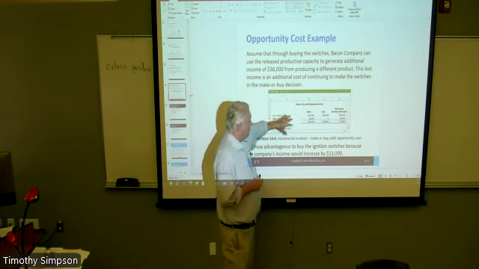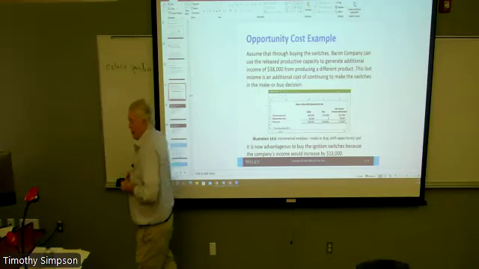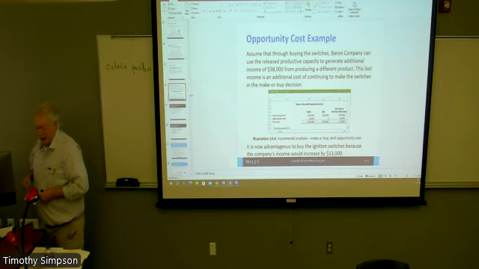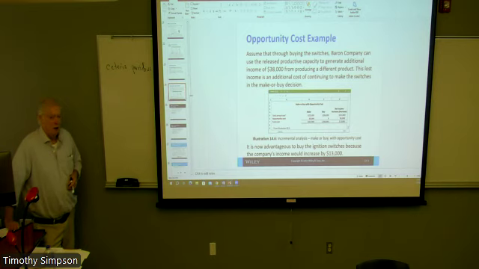So all these costs and revenue streams are very intricate and have to be accounted for. This is where accountants have to be very careful in trying to account for all the relevant variables. And sometimes things get missed. But this is an important one. If we do one thing, maybe it doesn't make sense to do the other because we can't do both.